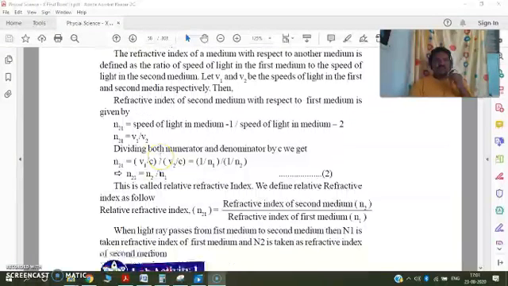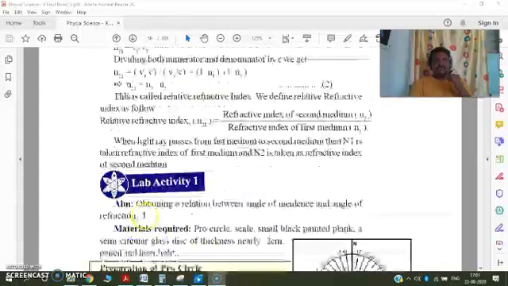So n21 is equal to v1 by c over v2 by c, that is equal to 1 by n1 over 1 by n2. So finally we get the formula n21 is equal to n2 by n1, the refractive index of second medium with respect to first medium.